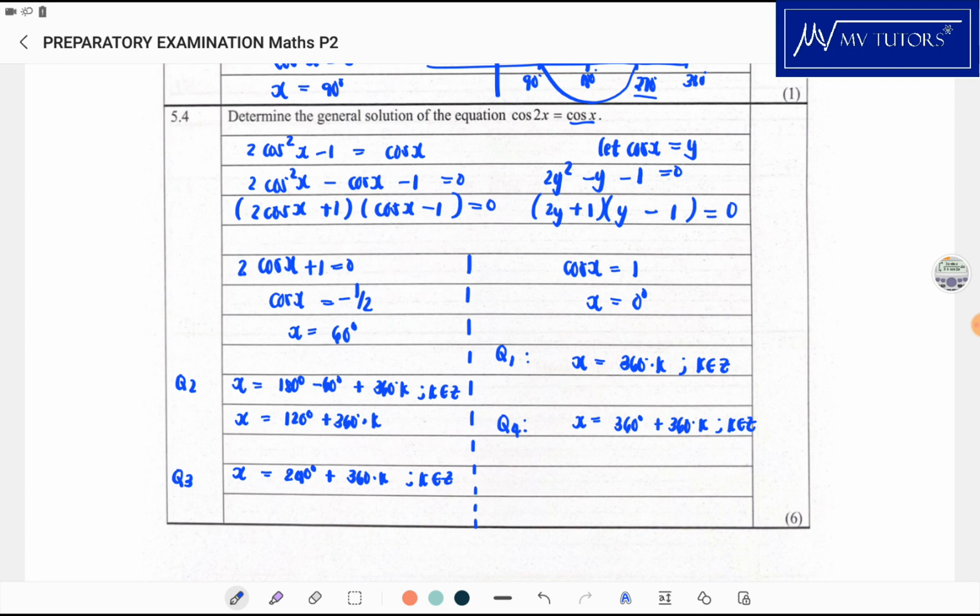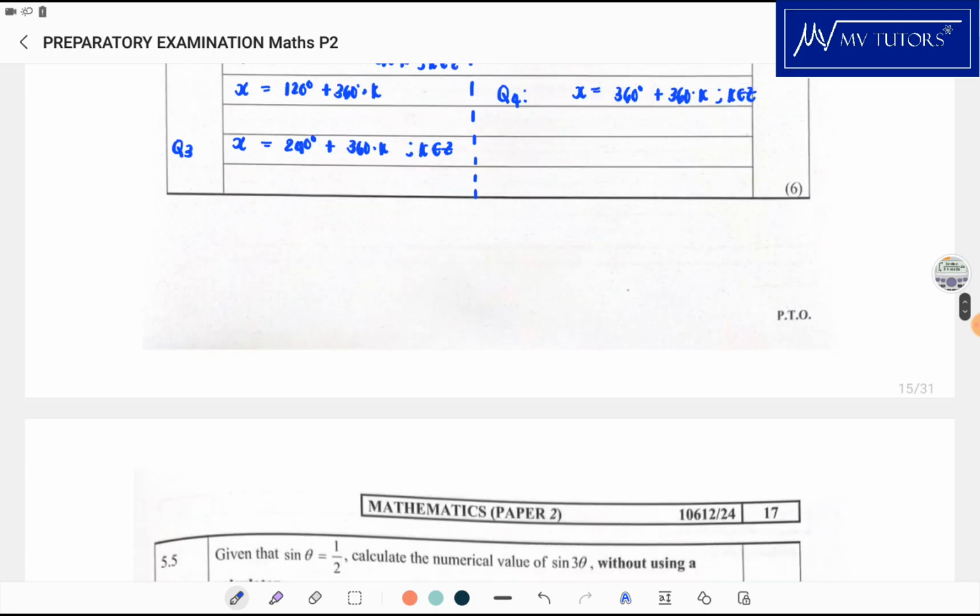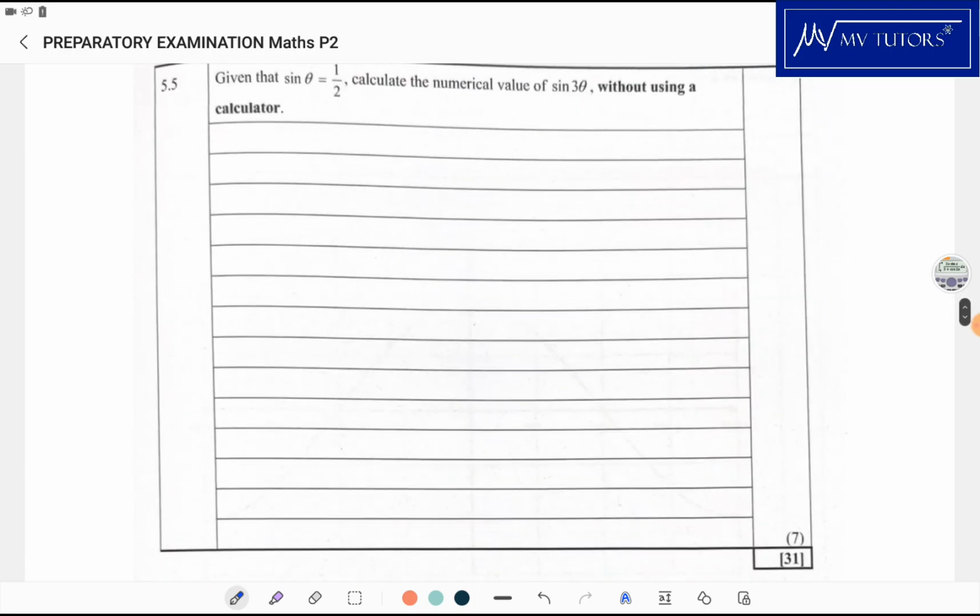So I hope that was clear, that it makes sense. And we have the 240, we have the 120, we have the 360k and 360 plus 360k. Okay, cool. So that's 5.4 and 5.5.